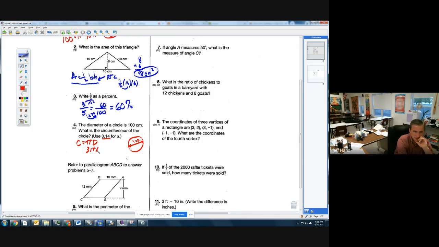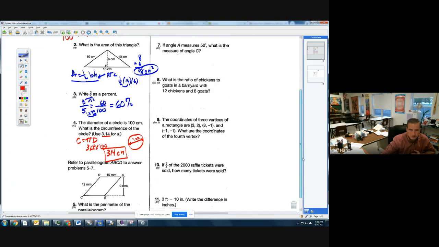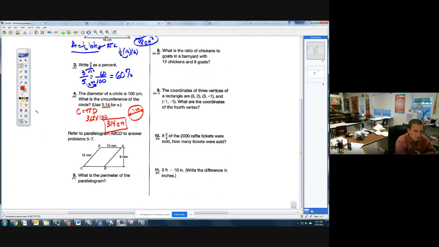So it's just 3.14 times 100, and lucky for you, that, ladies and gentlemen, is that place where I say it is simply mental math. 2 zeros moves the decimal 2 places, so your answer is 314 centimeters. Pretty easy stuff there, kids, so far. Hopefully you're doing well and this is making some sense to you.